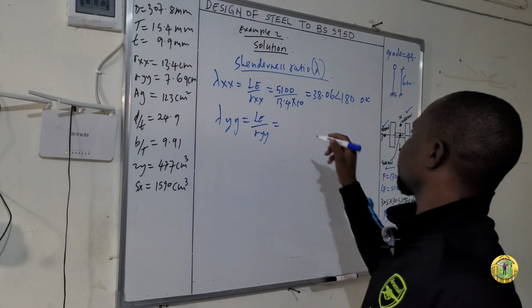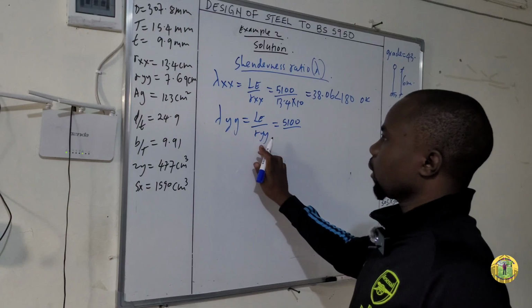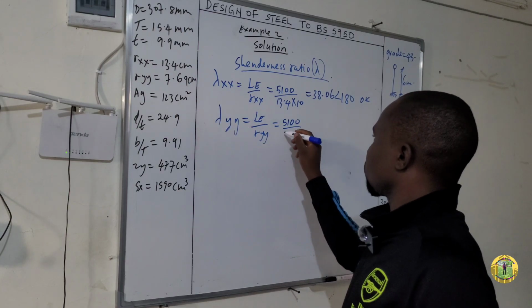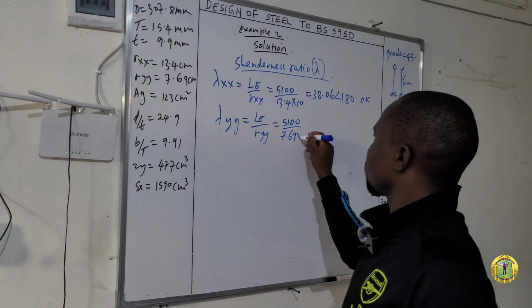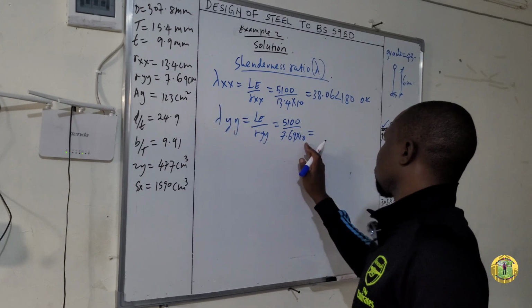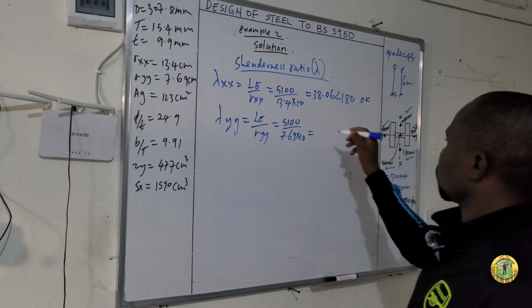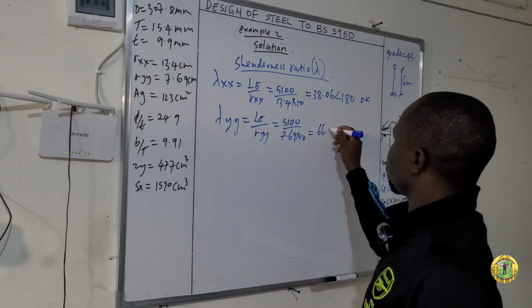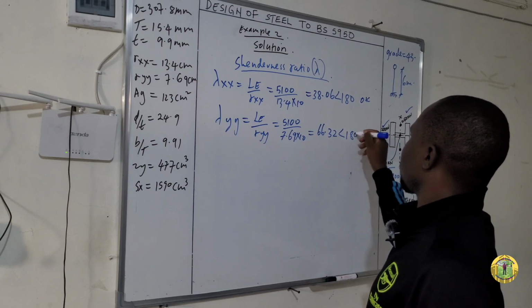So the LE remains the same, 5100 all over RYY, which is 7.69 times 10. So we are changing it from centimeter to millimeter. So this one will give us 66.32. Again, it is less than 180.